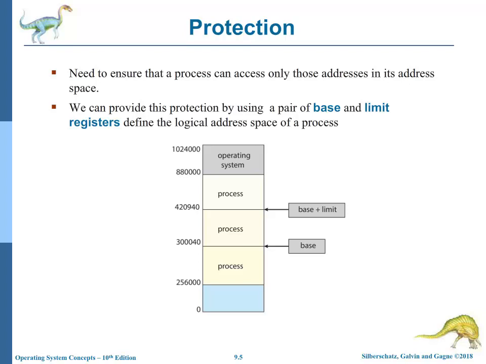For example, if the base register holds 300040 and the limit register is 120900, then the program can legally access all addresses from 300040 through 420939. So the range is from base to base plus limit.